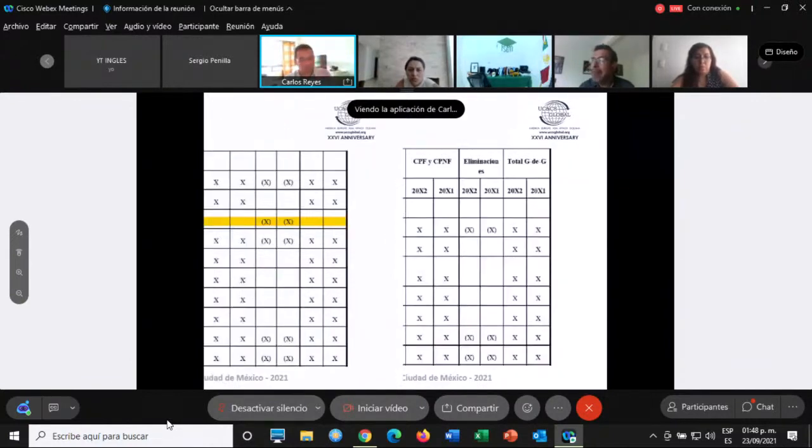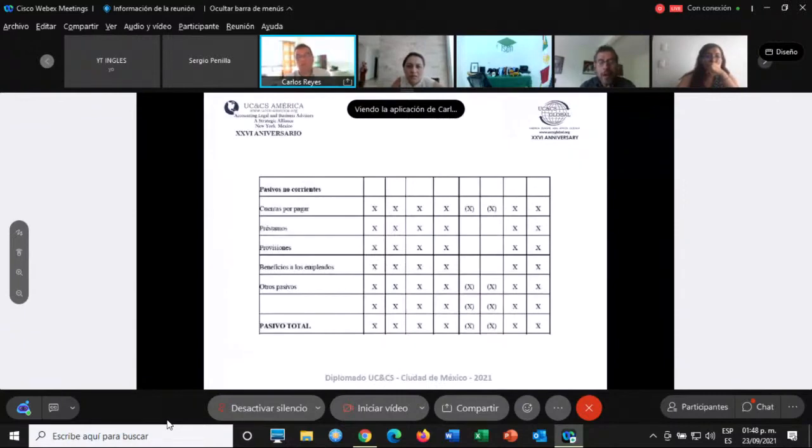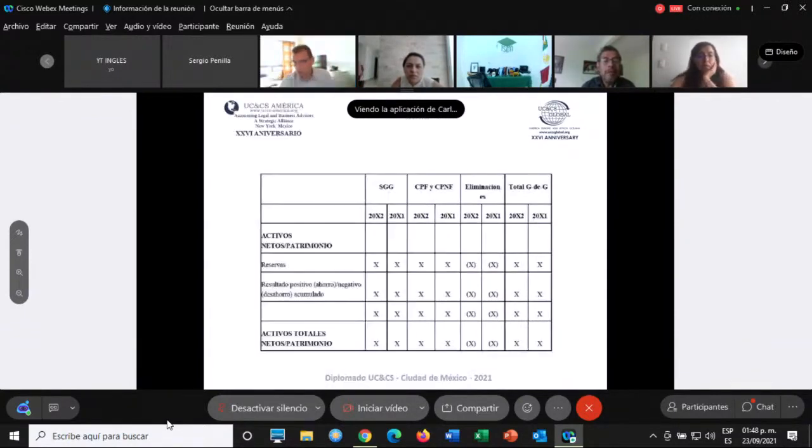And the same is done with liabilities. This is a segregation as such, line by line of each item. All liabilities, patrimony, with all the eliminations or removals.